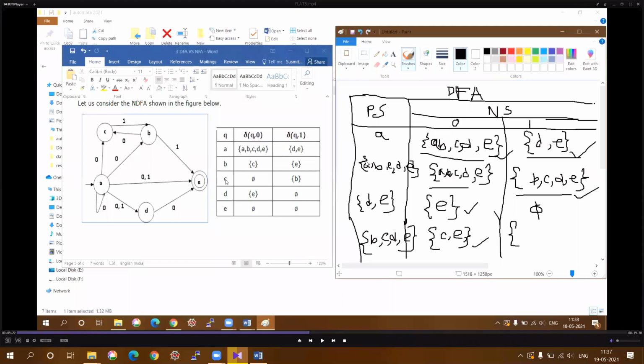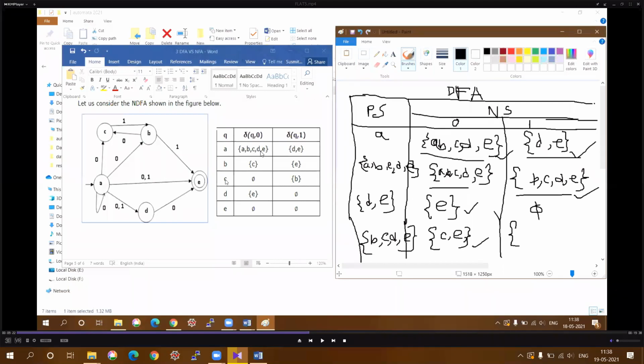In the second step, you can see our new coming state was A, B, C, D, E, because from state A using input 0, it was going to A, B, C, D, E. All the transitions were present from E to all other states. That's why all other states were considered as a single state in case of DFA.